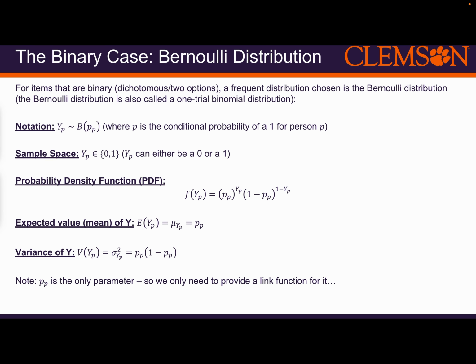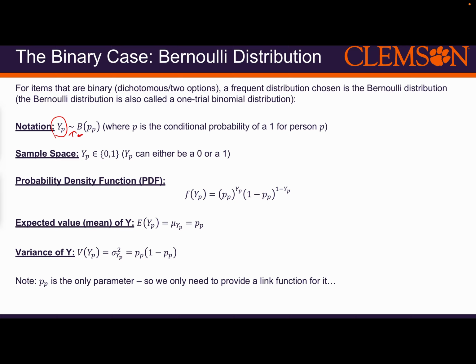So instead, we're going to switch the distribution. And it turns out there is a distribution that we use. It's called the Bernoulli distribution. So for items that are binary, right? The 2 categories that are either values 0 or 1, the distribution we often use is this Bernoulli, right? The notation is this. Our y is a random variable that is independently and identically distributed as a Bernoulli distribution.